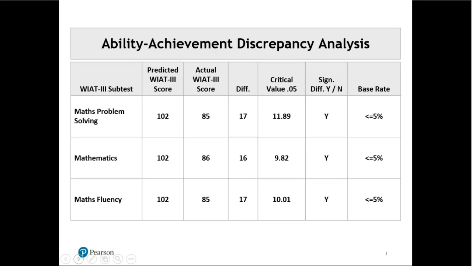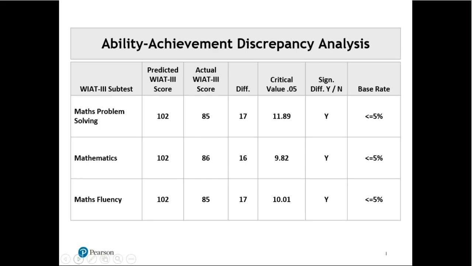It's interesting also to note, you'll see here that the actual WIAT score for these maths tasks is 85. Now remember in the current DSM-5, the recommendation for the greatest diagnostic certainty is to use scores that are below 78. So actually it would be a reasonably hard sell, I think, in today's day and age to use a score of 85. Now, of course, that might be different if the processing strengths are significantly higher.